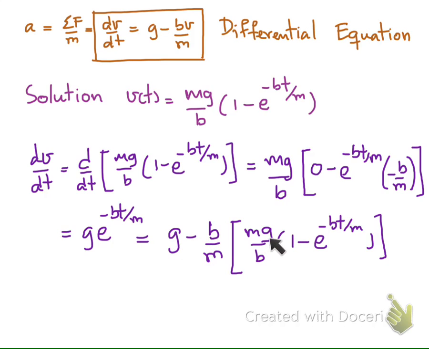So we have only g multiplied by the minus of e to the power of minus bt over m, and this minus sign will cancel with this minus sign. So at the end we have this g times e to the minus of bt over m, and this proves that this is the solution of this differential equation.